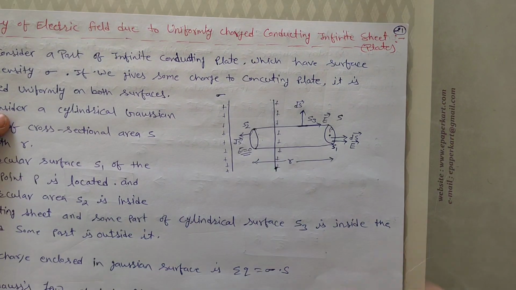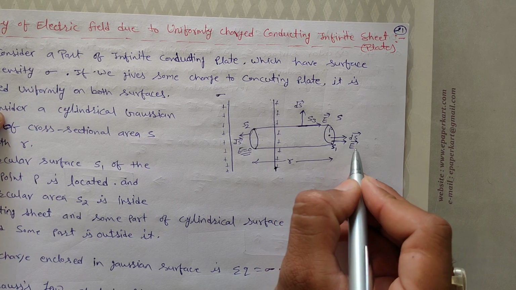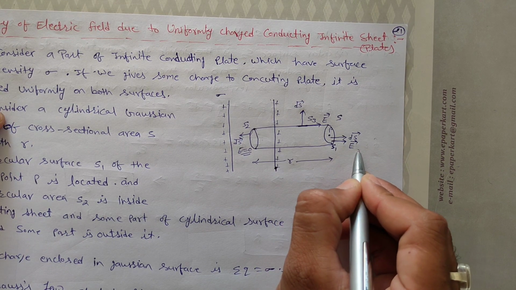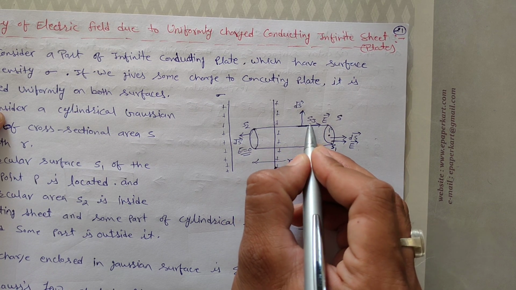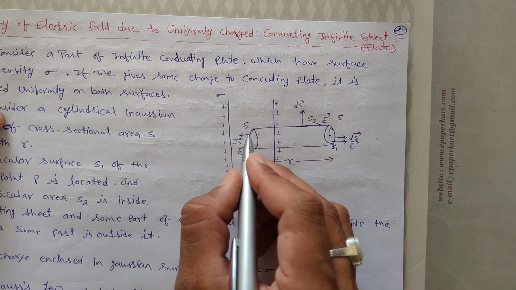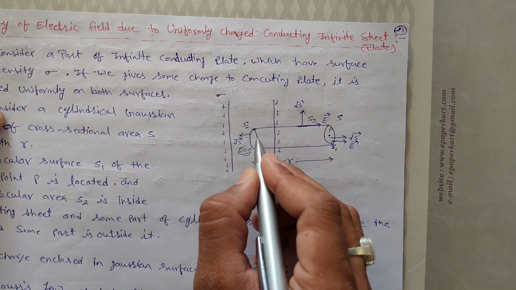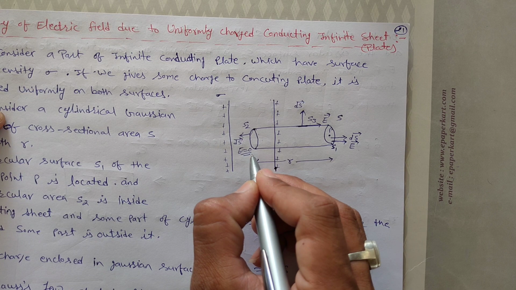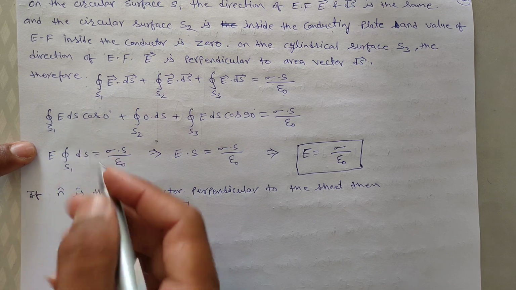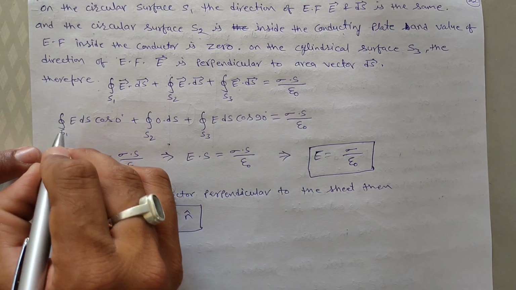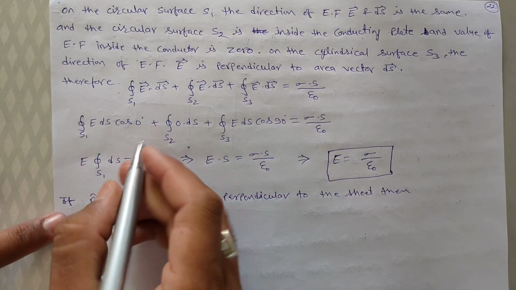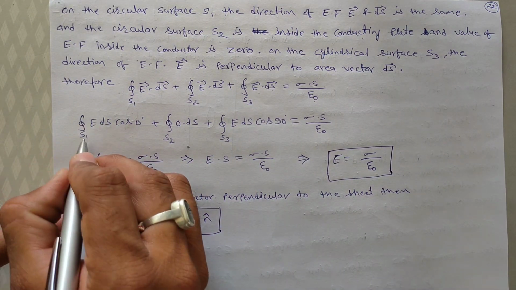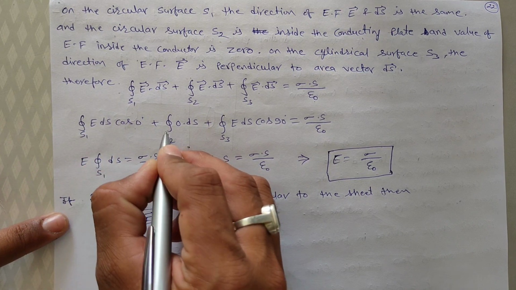We can see that for surface S1, the angle between E vector and dS vector is 0 degree. The angle between E vector and dS vector for S3 is 90 degree, and for circular surface S2, electric field is 0. From this data, we get closed surface integral for S1 E dS cos 0 plus 0.